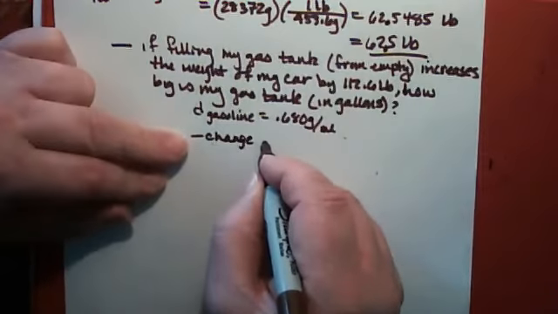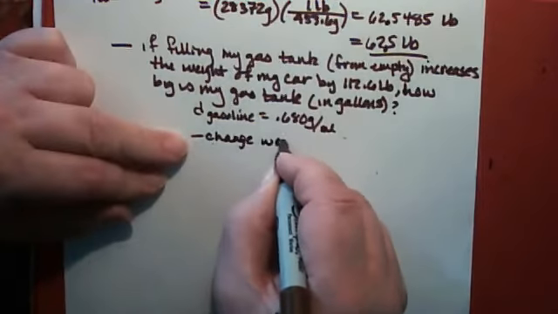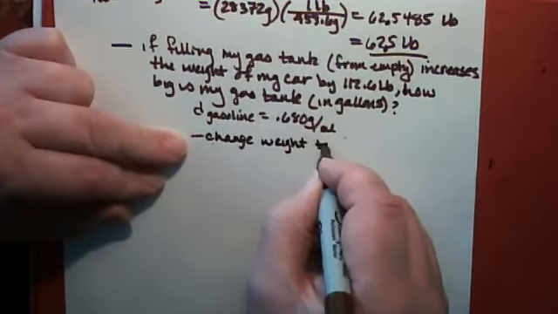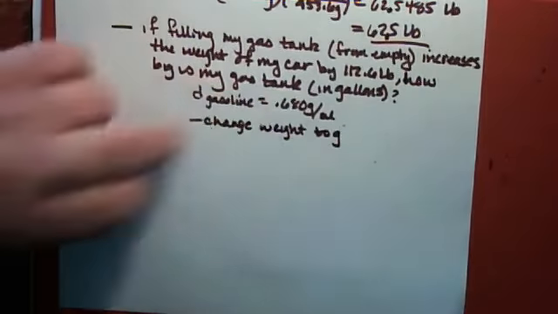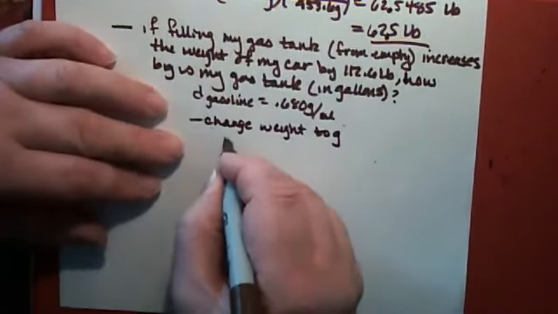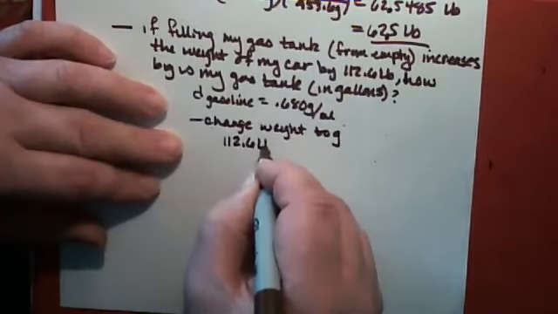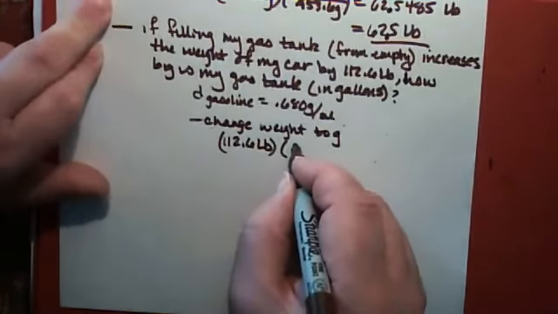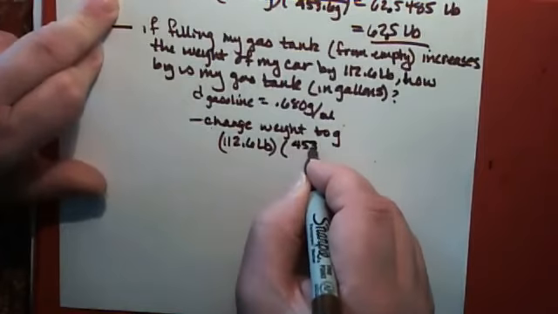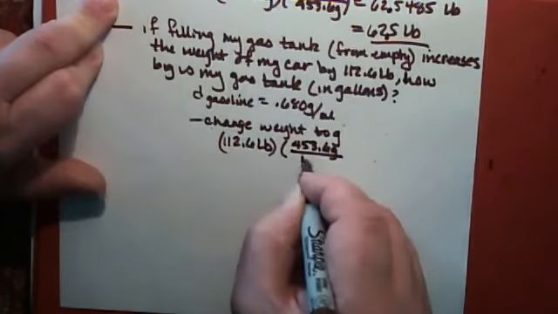So we'll change the weight to grams, so it'll be consistent with grams per milliliter. So 112.6 pounds, and there's 453.6 grams for every pound.